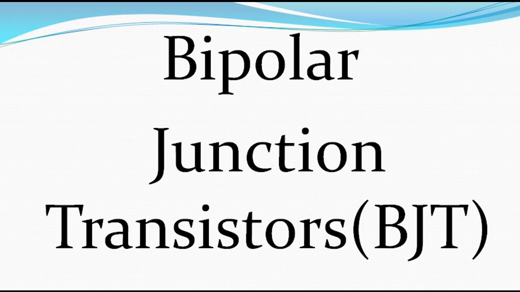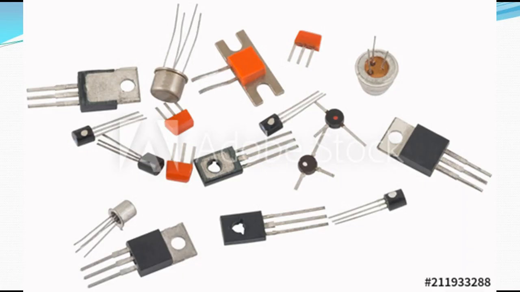So the flowing of electrons from emitter to collector forms the current flow in the transistor through the base terminal. I repeat, the flowing of electrons from emitter to collector forms the current flow in the transistor through the base terminal.